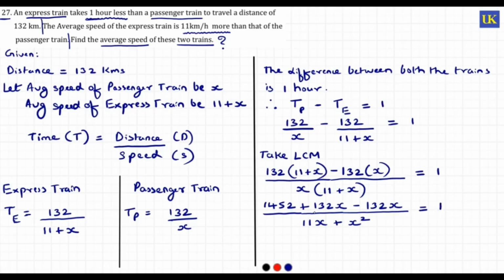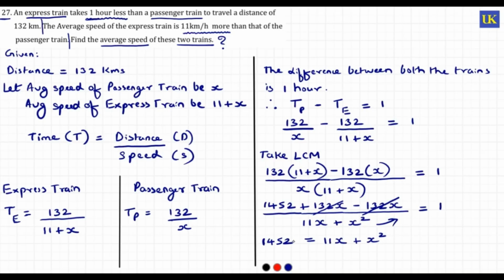Now what I will do, see here, plus 132x minus 132x. So I can cancel these two things. And 11x plus x square I will transfer it to the other side of equal to. So division will become multiplication. So here 1452 is equal to 1 into this thing, which means it will become 11x plus x square.